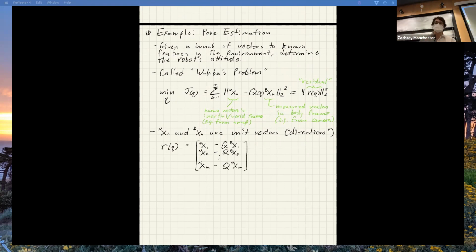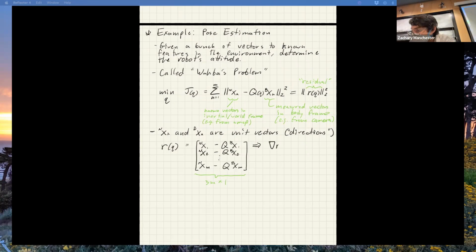Used m there because I used n for the frame. Right, so this is the residual vector. So it's just stacking up all of the errors, right? So this has size 3m by 1, because there's m of them, and each one's a 3D vector, right?